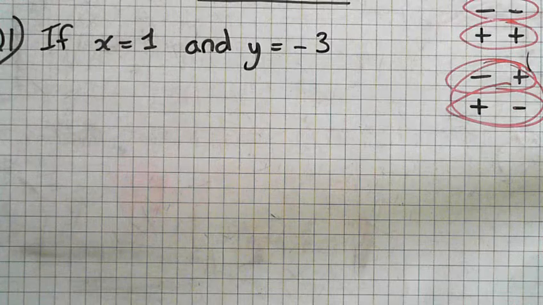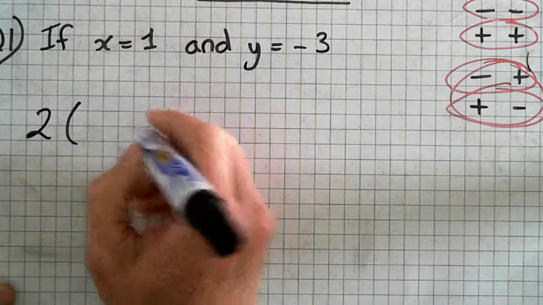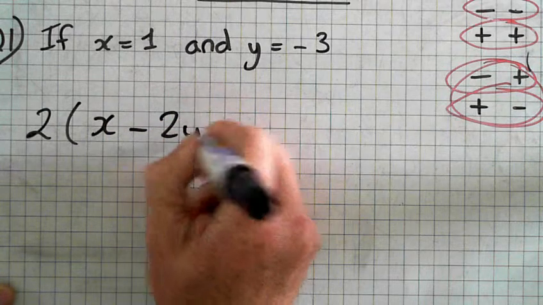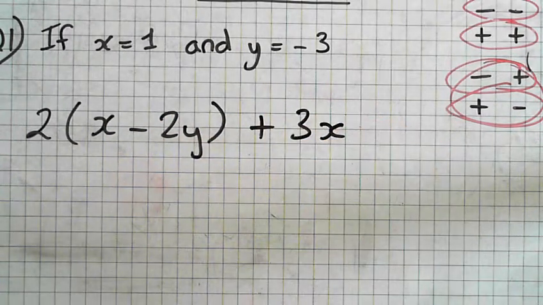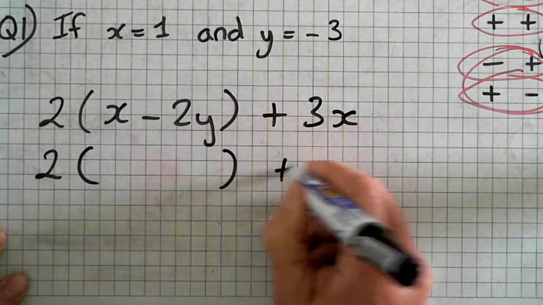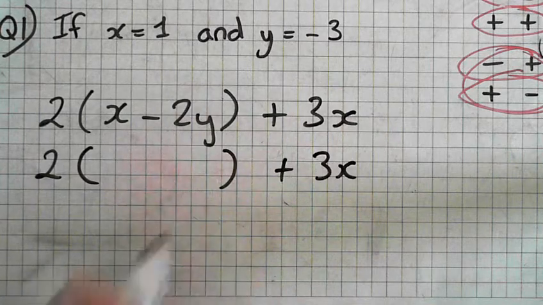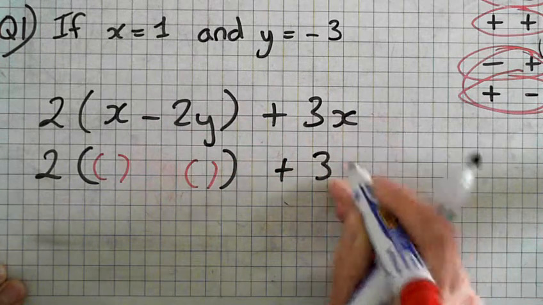What about, it looks harder, but x minus 2y plus 3x. So put in your brackets as well there.